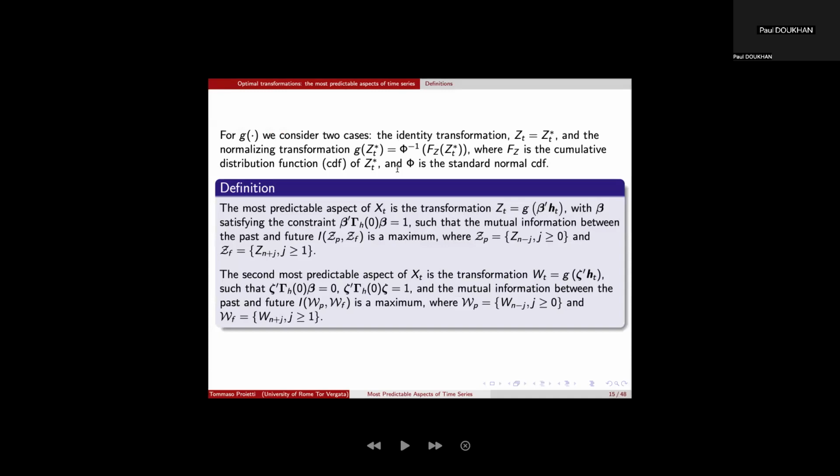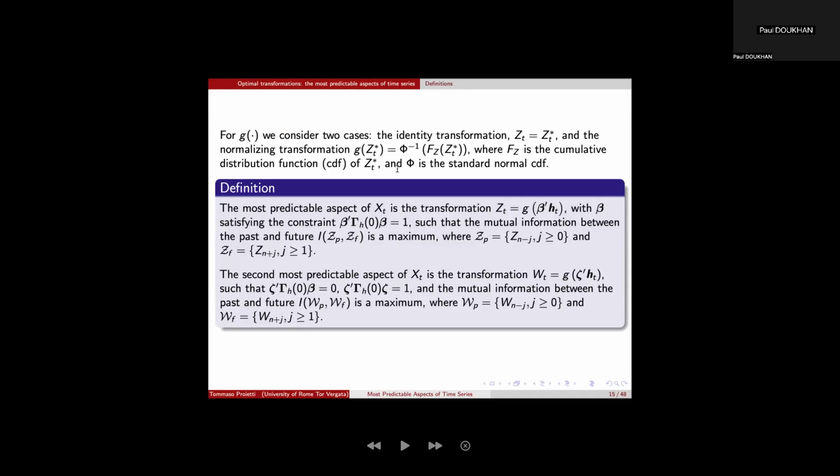So G could be this kind of thing: you take the probability integral transform of ZT star, and then you use the quantile function of the standard normal distribution.